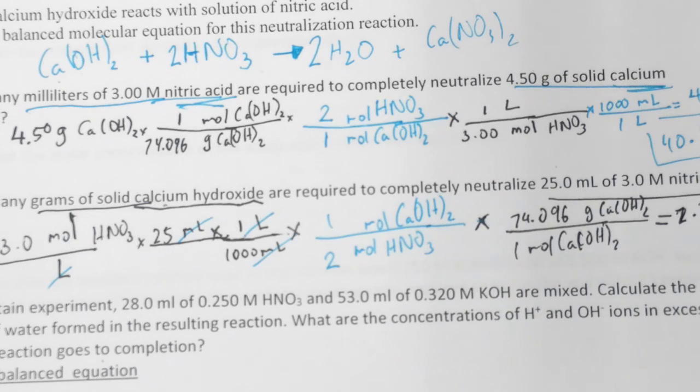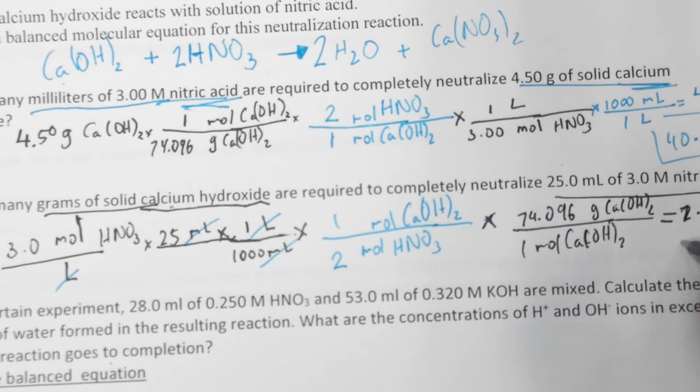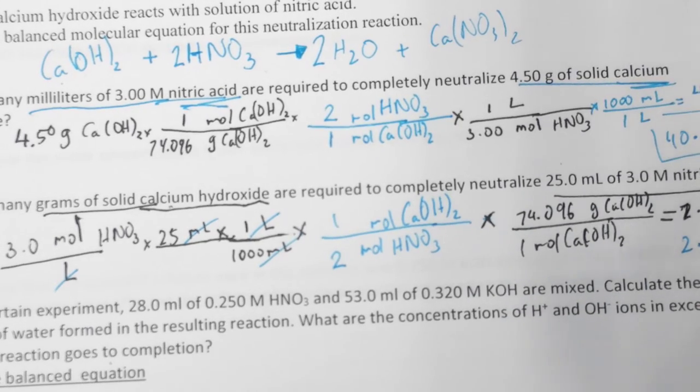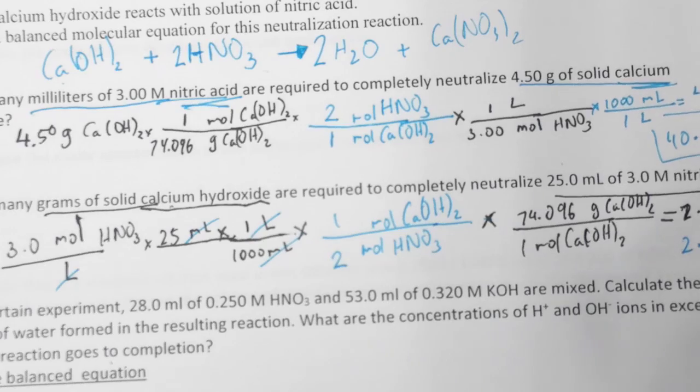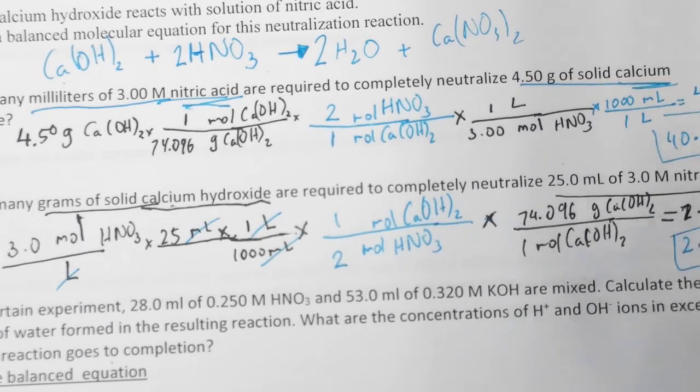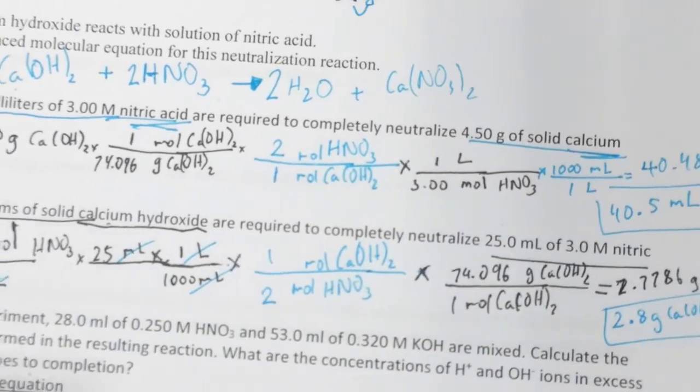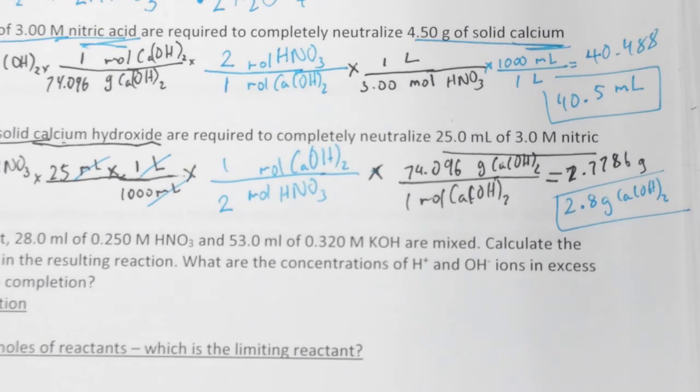Okay, or we can convert it and say 2.8 grams of Ca(OH)2. Right. There you go. Okay.